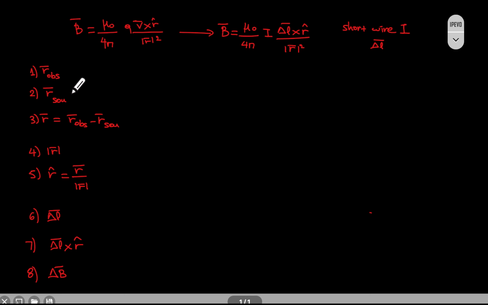I forgot to mention, even before we start with the r obs and r source, let's say this is a wire, and let's say this is a long wire and it has a current flowing through it. We will need to divide the wire into short pieces, and we have to choose an arbitrary piece.